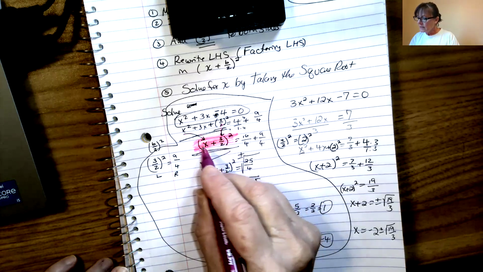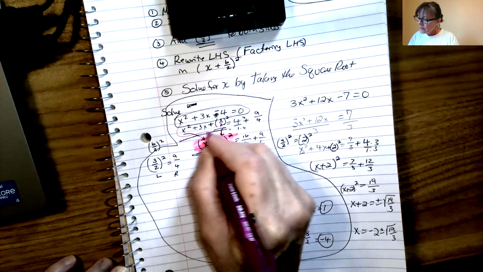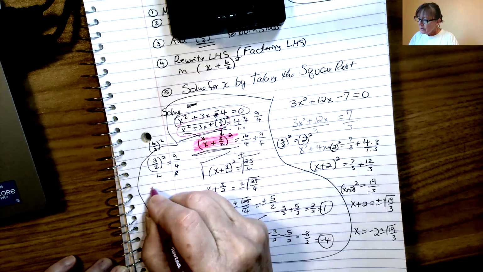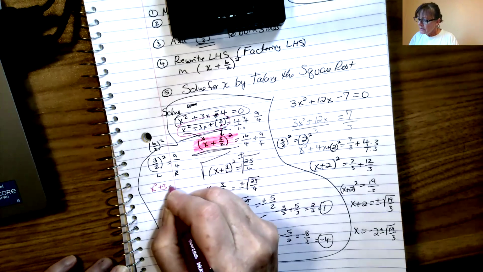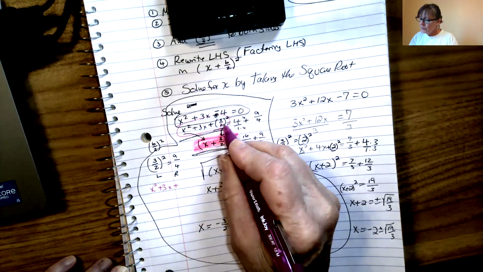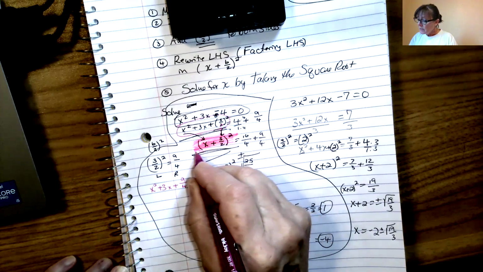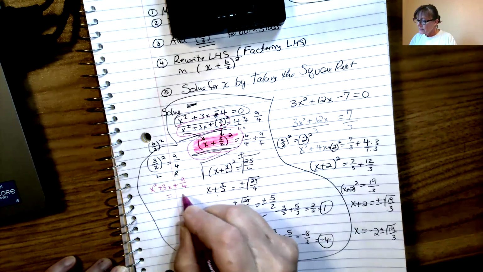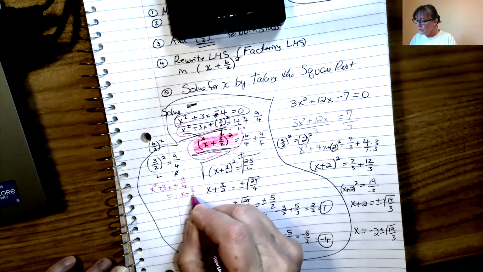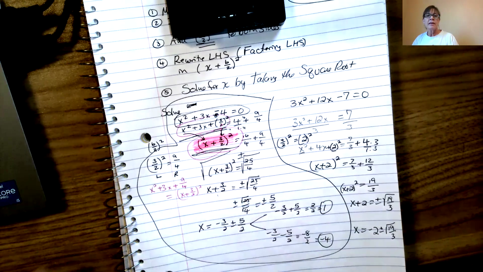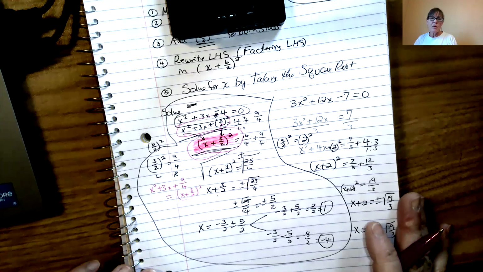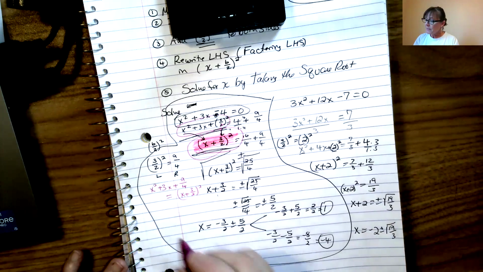What I'm saying basically is that this right here, x squared plus 3x plus 3 over 2 squared, which is really 9 over 4, is equal to x plus 3 over 2 squared. So we're going to check that out to make sure that nobody's trying to make something up.